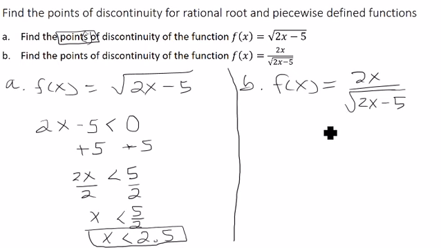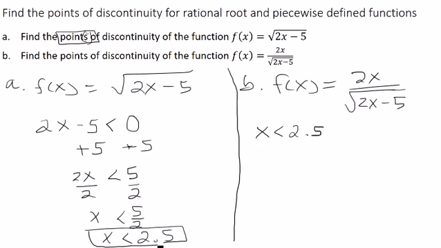The fraction means you have to avoid the 0 in the denominator, and the radical means you have to avoid the negative inside the radical. So to avoid the negative inside the radical, as we saw in the previous case, because it's the same expression, you will have x less than 2.5. So one case is x is less than 2.5.